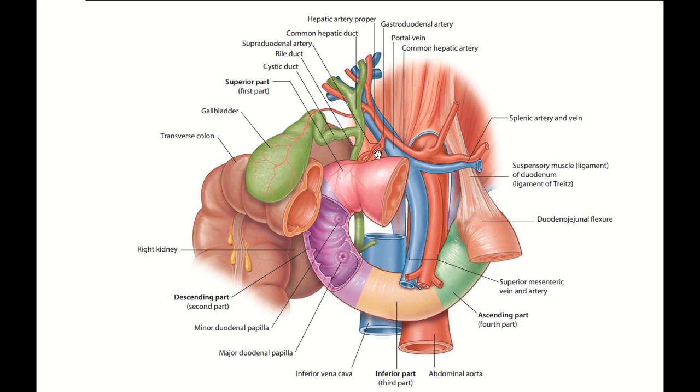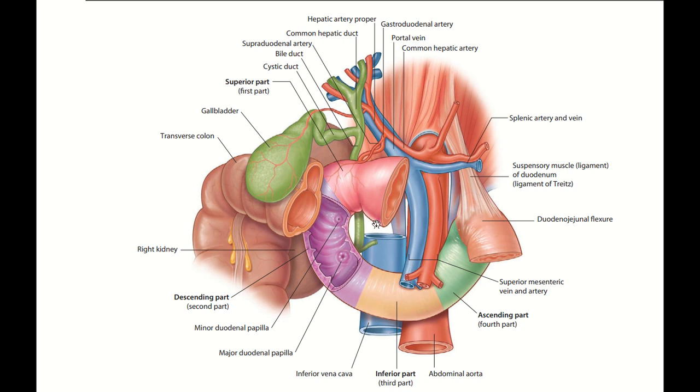The superior pancreaticoduodenal arteries are branches of your gastroduodenal artery, and the inferior pancreaticoduodenal artery is a branch of your superior mesenteric artery. As for the venous drainage, the pancreaticoduodenal vein is going to drain directly into your portal vein.